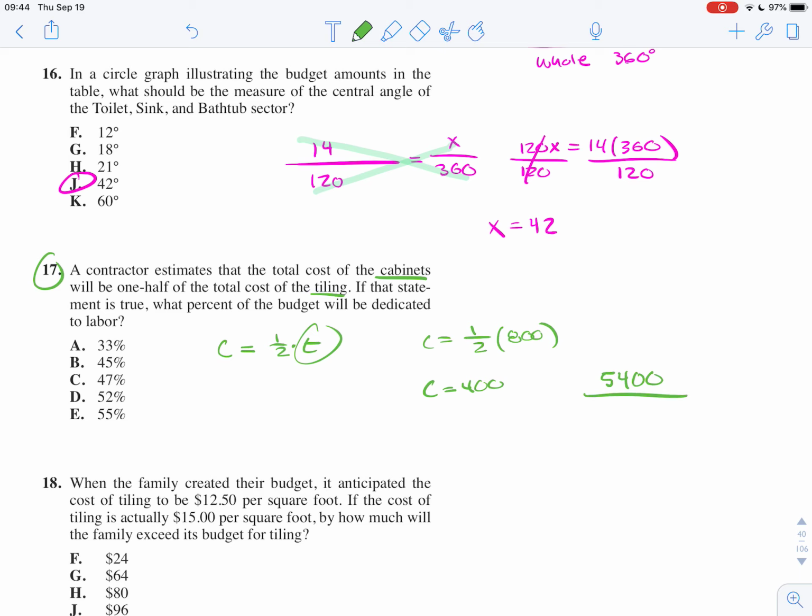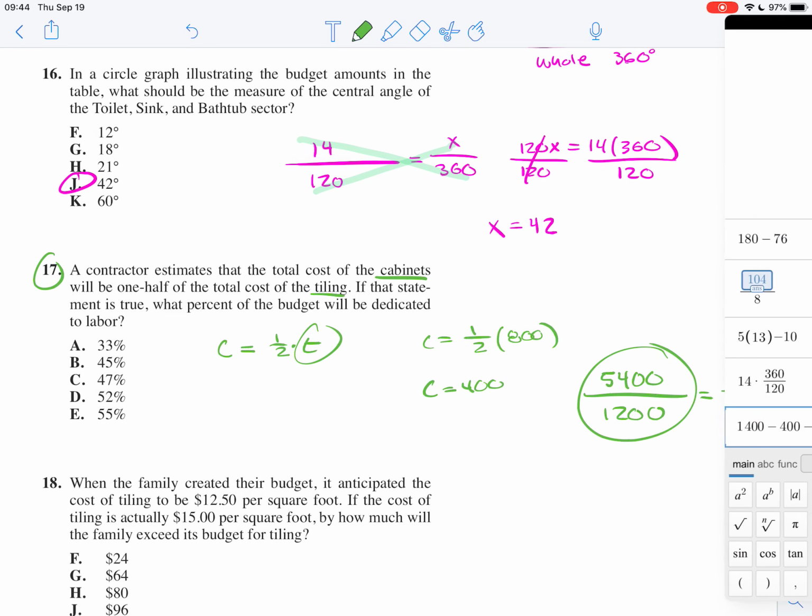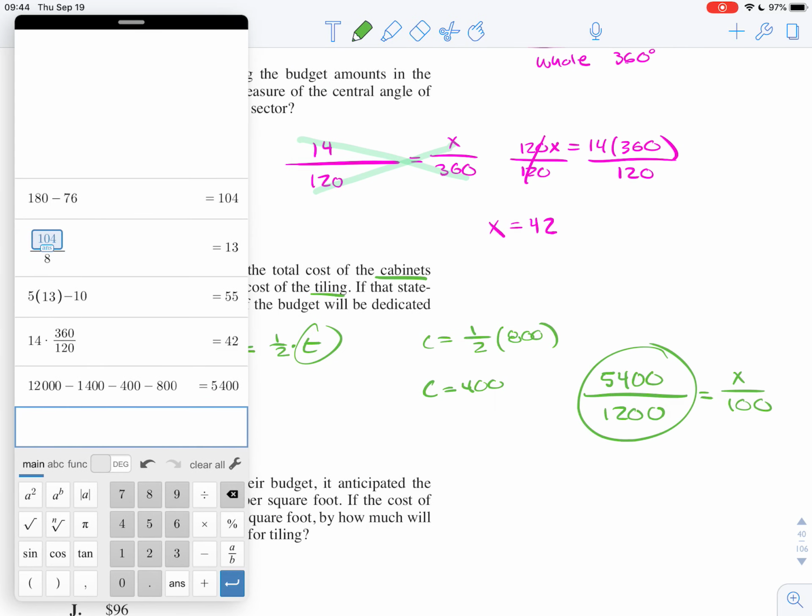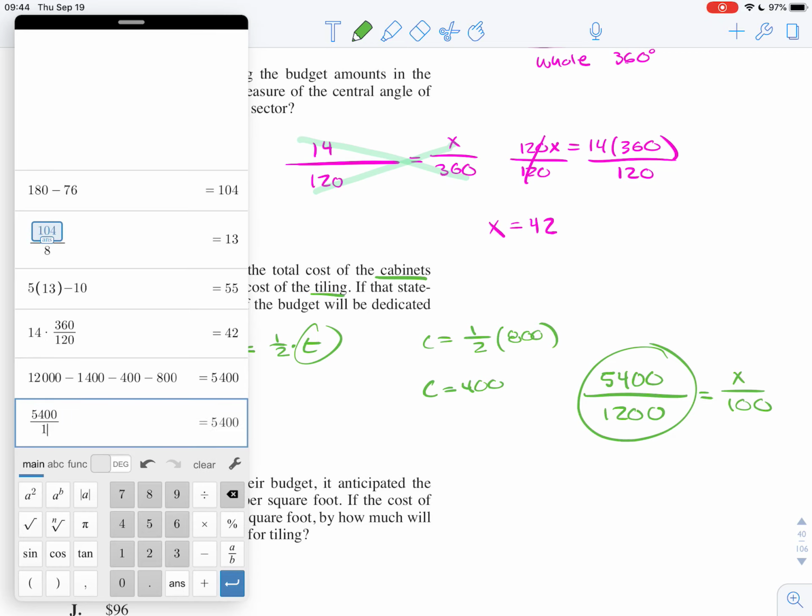And so to find out what percent of the budget will be dedicated to labor, since labor is $5,400 and the entire budget is $12,000, this is just going to be another part to whole ratio, and then we can set that equal to some number out of 100 to make it a proportion to solve for x, or you could just go ahead and divide that part to whole ratio of $5,400, which is what I'm going to do.